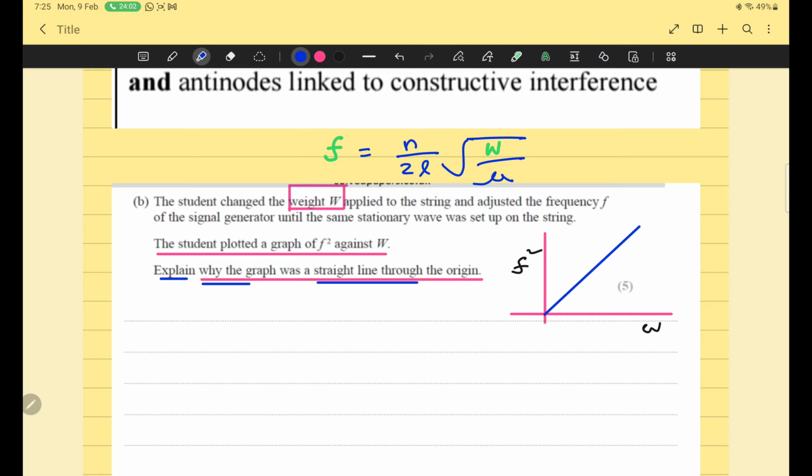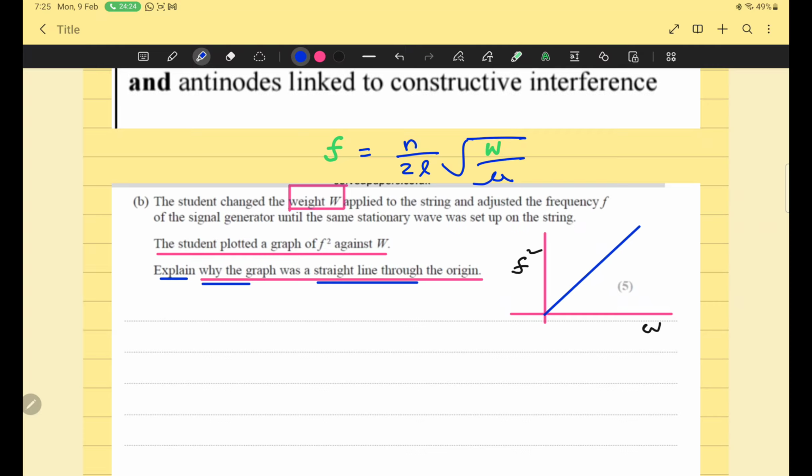I am going to explain, but first you should know, if a line is straight and passing through origin, what does it mean? We have studied in unit number 1. If the graph is a straight line and passing through origin, it means the relation between the two physical quantities is directly proportional.